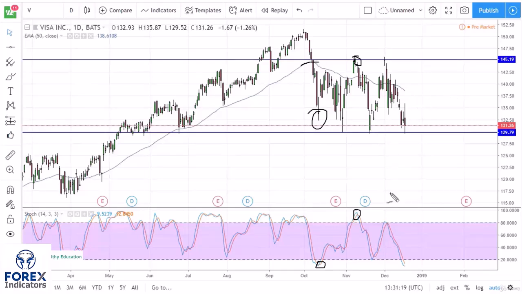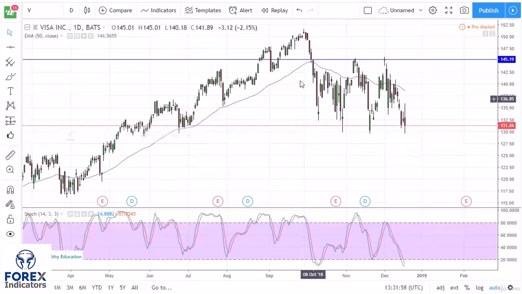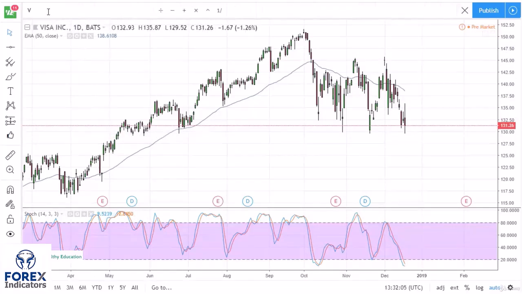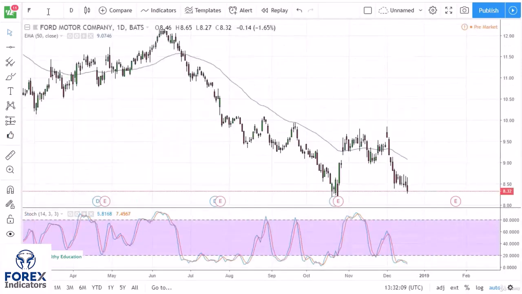So we've had two signals. This was awfully close. You could have perhaps been talked into it. But as you can see, technically it's not there. So the stochastic is a little slower than some other signal producing indicators, and that in and of itself can and will keep you out of trouble sometimes.